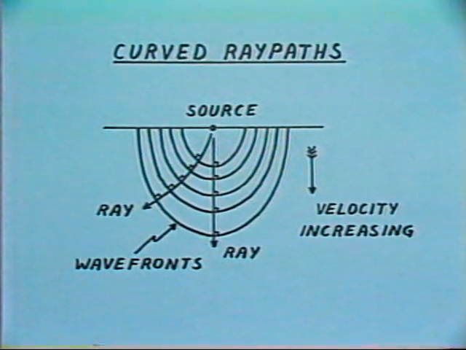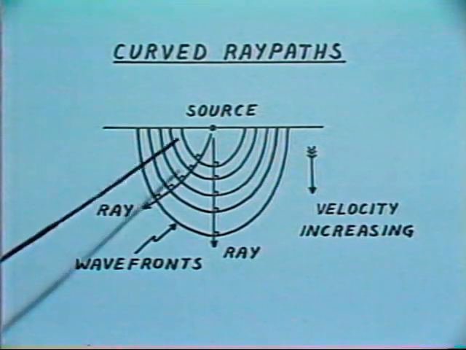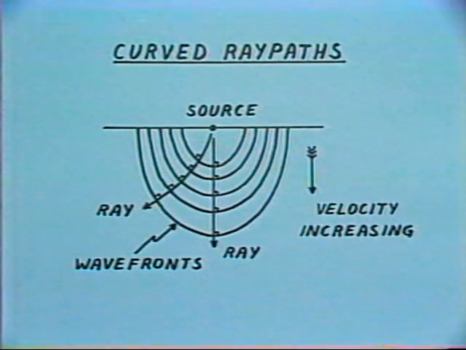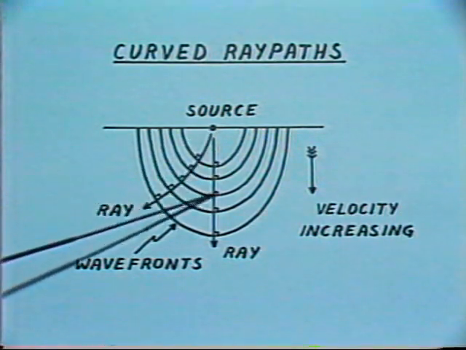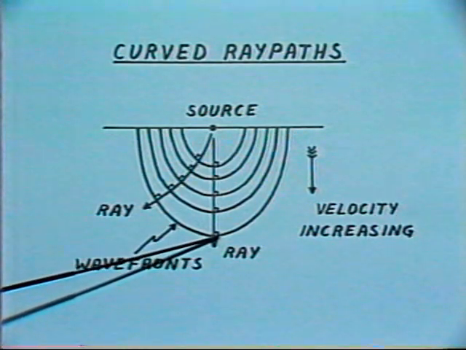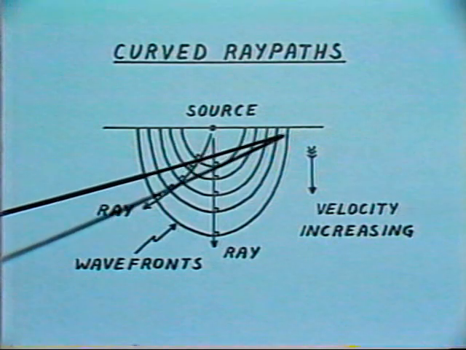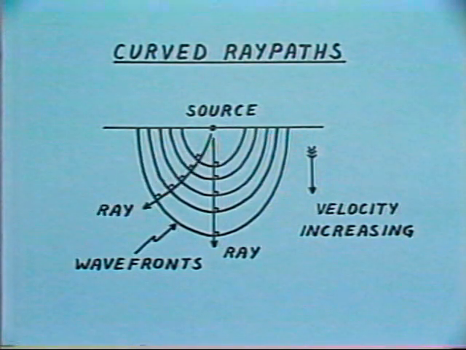So in fact, the rays of seismic energy in a real-life situation tend to be curved paths such as this. And perhaps the only situation where we get actual straight-line rays are the ones going vertically downwards into the Earth, such as this, or possibly the ones traveling directly along the surface.